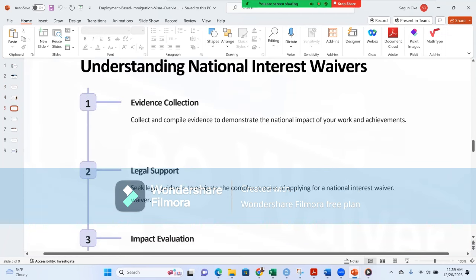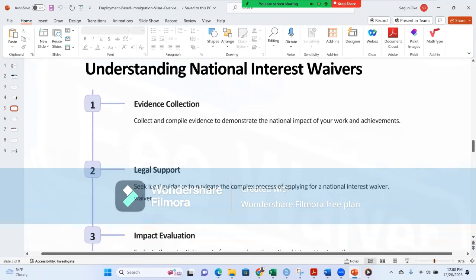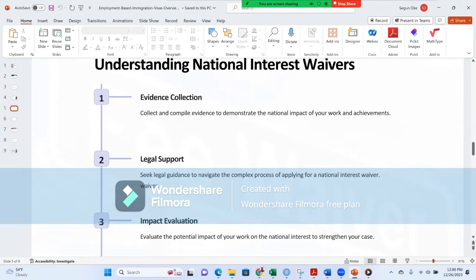Now, understanding the national interest waiver, don't forget that, like I told you, it's evidence collection. Anything you are talking about, when you are about to file this, it simply means you have the evidence of whatever you said you have.